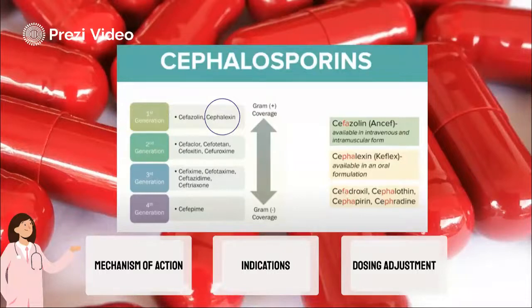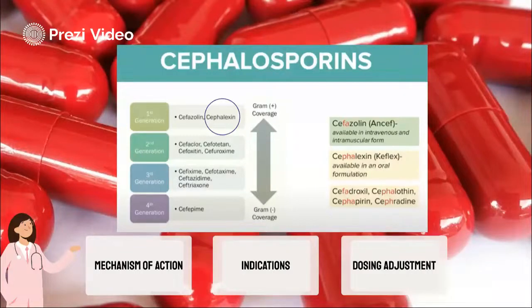Cephalosporins are grouped into 5 generations based on their spectrum of coverage against gram-positive and gram-negative bacteria.